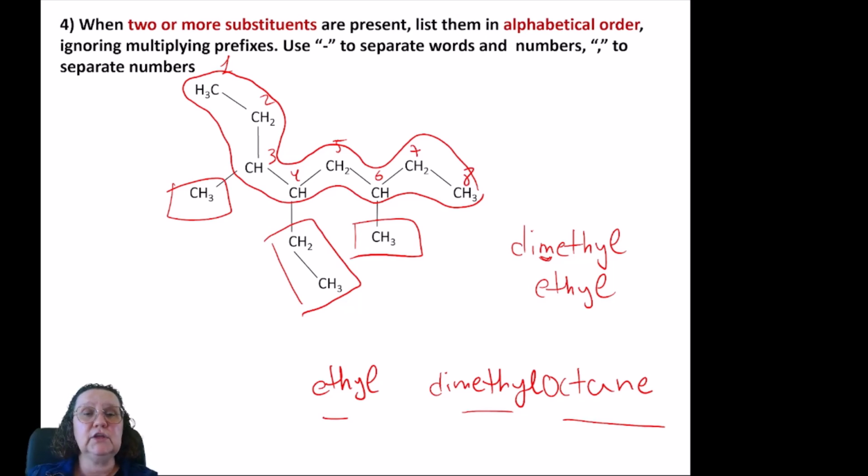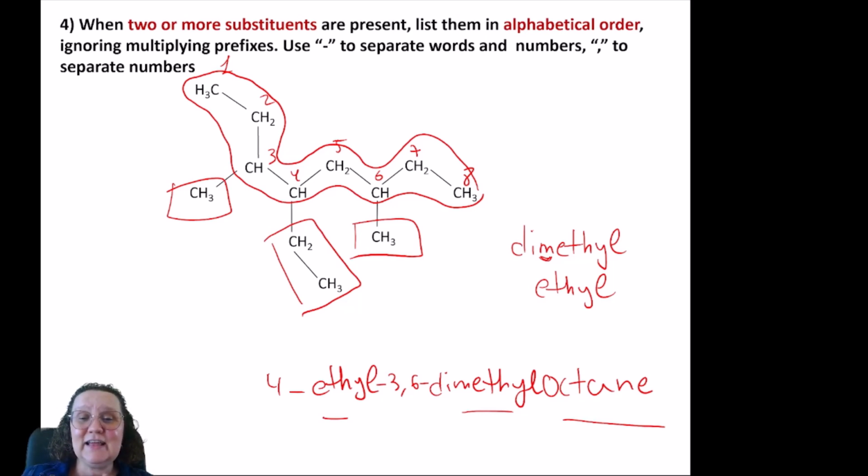If I do it like this, my methyl groups are in carbons 3 and 6, so I put 3 and 6. And my ethyl group would be in carbon 4. So an alkane with 8 carbon atoms, 2 methyl groups, 1 in carbon 3, 1 in carbon 6, and 1 ethyl group in carbon 4.